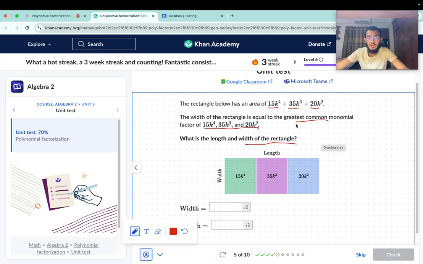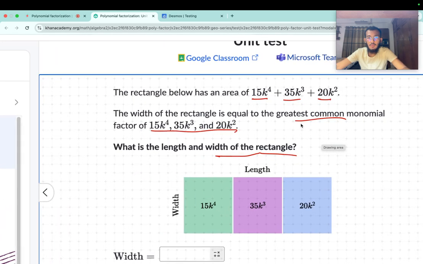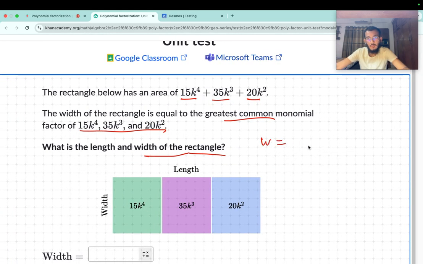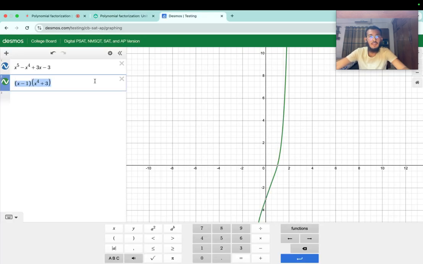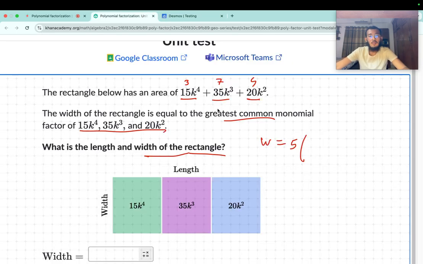Okay, so we want to first find the width, which is the greatest common monomial factor. We can factor out 5 from each of them. We can't do it with 10, so 5. We are left with 3, 7, and 4 here. 5 times 7 is 35, 5 times 4 is 20, 5 times 3 is 15.